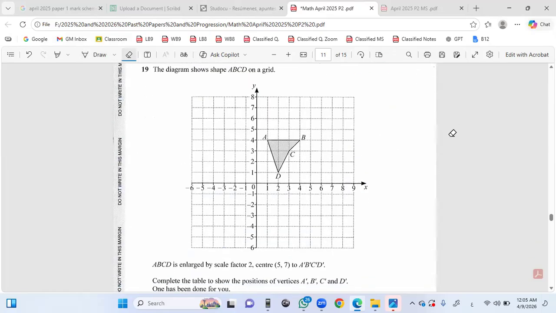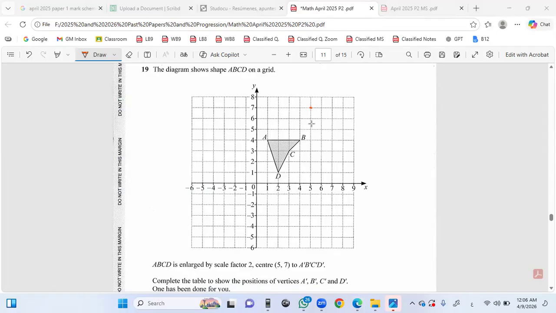Let's continue. They're saying to you here that ABCD is enlarged by scale factor 2, center 5, 7. So I need first to find the center. They said 5, 7, which is here. Then they're saying to enlarge the shape. So to enlarge it, I need first to go from the center to the nearest point.